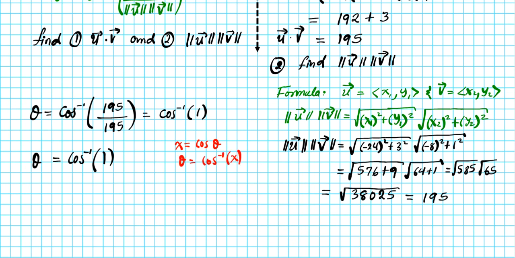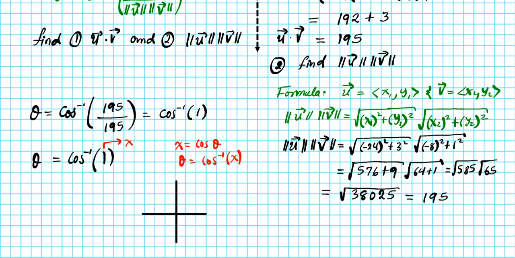So 1 is an x coordinate, so we want to ask ourselves on the unit circle, what angular value is a scenario where the x coordinate is positive 1. And if you sketch your unit circle and graph positive 1, you're easily going to see what the answer is.